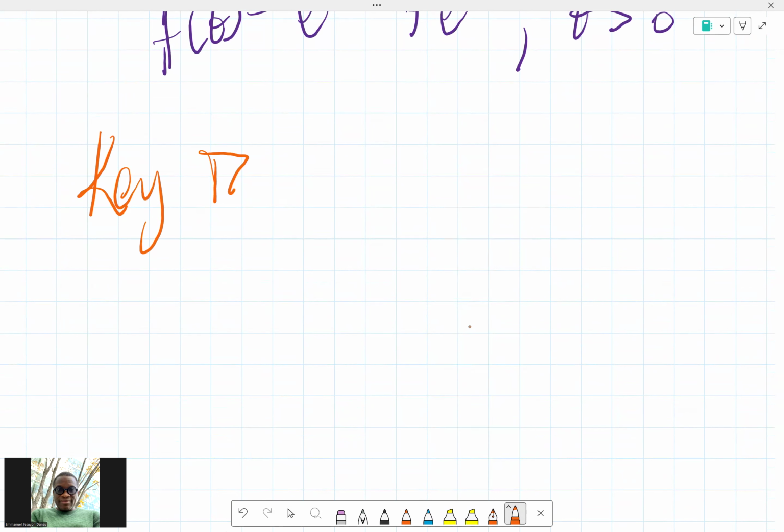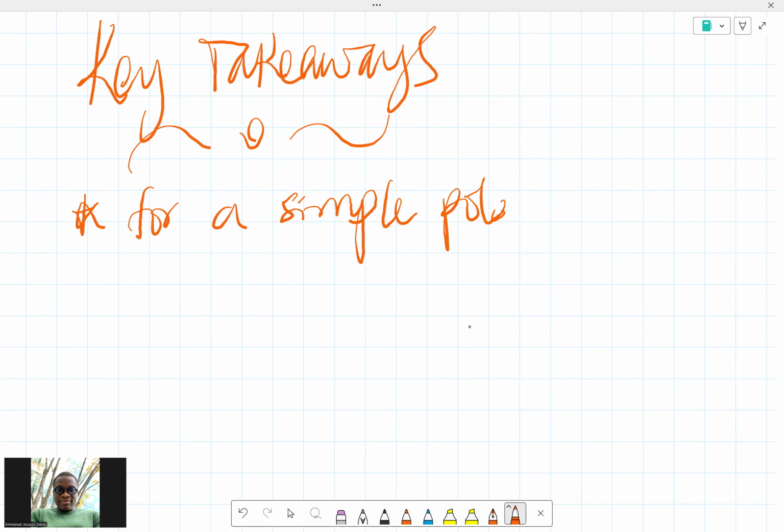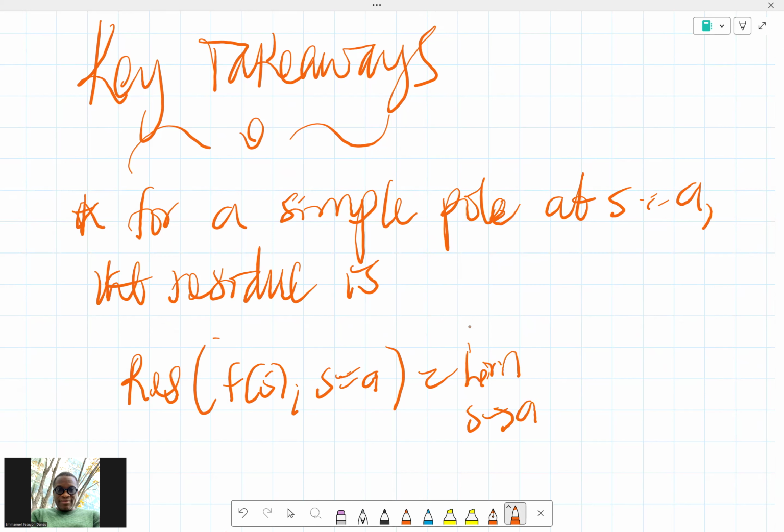Key takeaways would be that for residue calculation, we have that for a simple pole at s equals a, the residue is the residue of f of s at s equals a, okay, and the limit as s approaches a of s minus a multiplied by f of s.